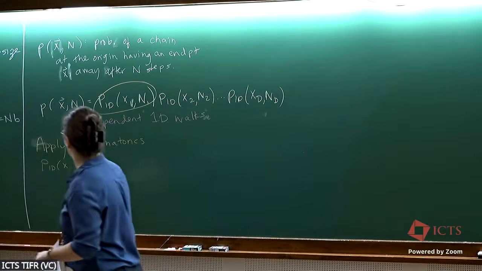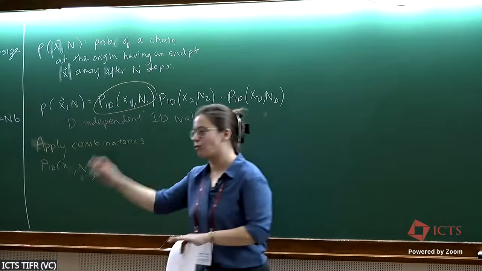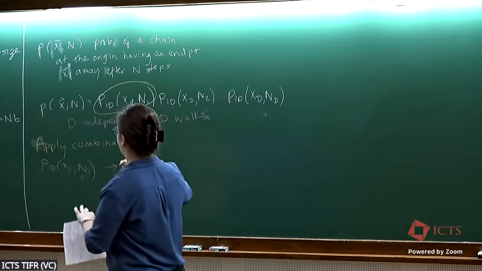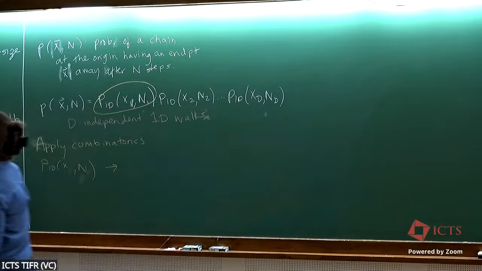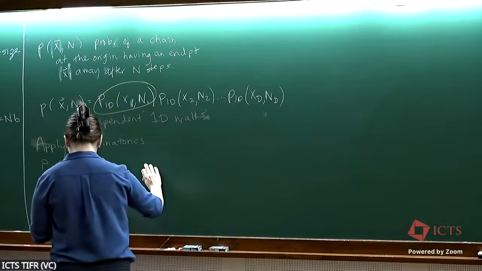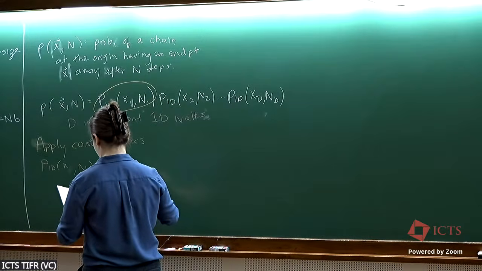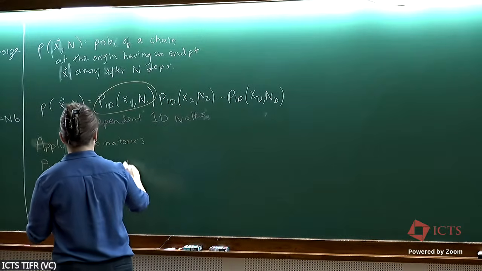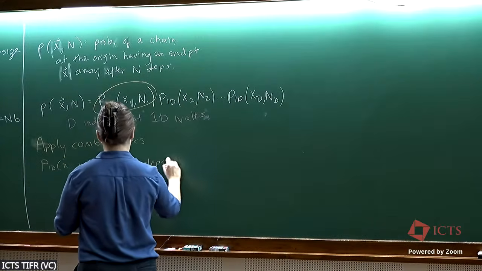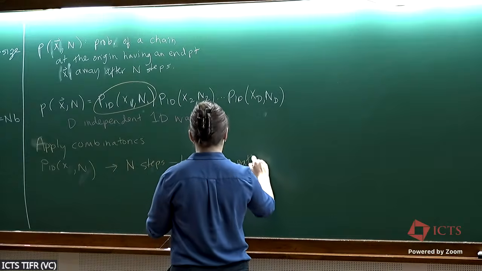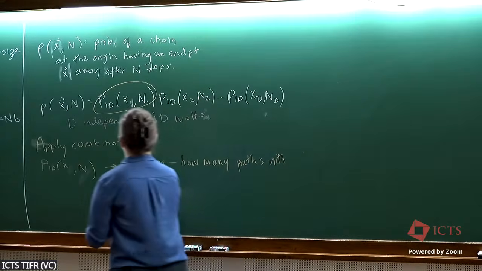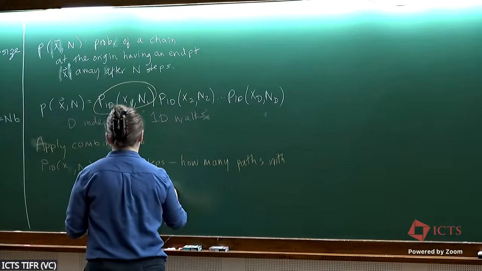If we are able to split the total number of steps into the steps to the right and the steps to the left, these are going to be convenient variables for us to work in as we're counting the total number of paths. Because what we're doing in this first exercise is saying how many paths lead to us being at these different endpoints. So this ends up being, n steps, how many paths with n_R steps to the right.